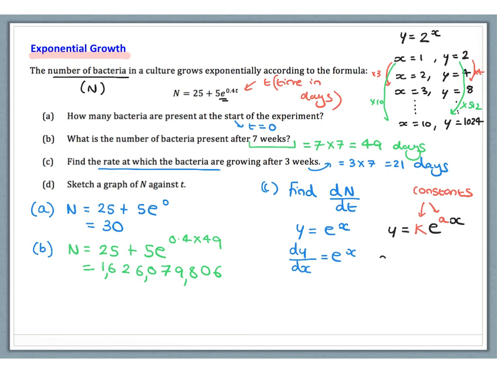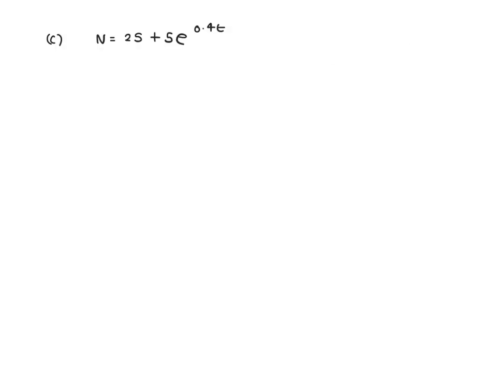If we differentiate, then the derivative would be equal to ka e to the power of ax. And you will learn much more about this in year 13 when you study exponential differentiation in detail. So for the moment, we're just going to borrow this fact that if y equals ke to the ax, then dy by dx is equal to ka e to the ax, and we'll use this to help us answer the question.